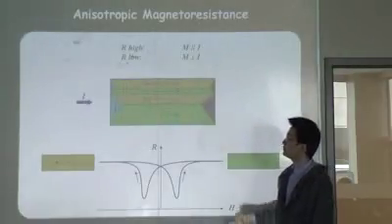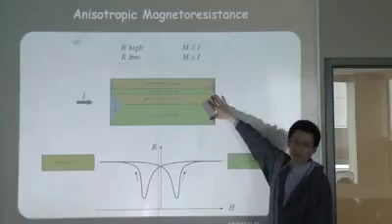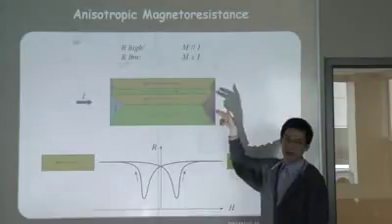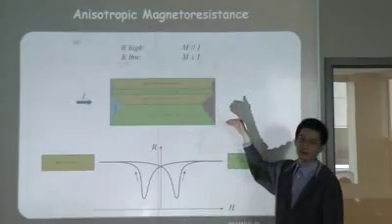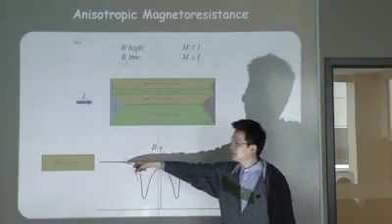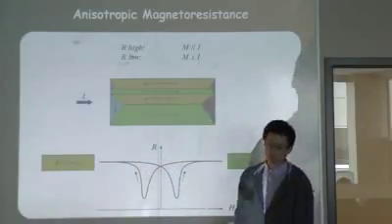But there's nothing to prevent us from forming a domain structure, for example, like this, right? Now the current is actually flowing mostly parallel to the domain. And if the system goes into such a configuration, the resistance will actually increase at the switching field.